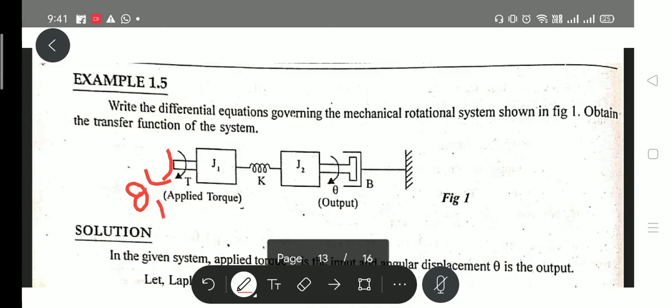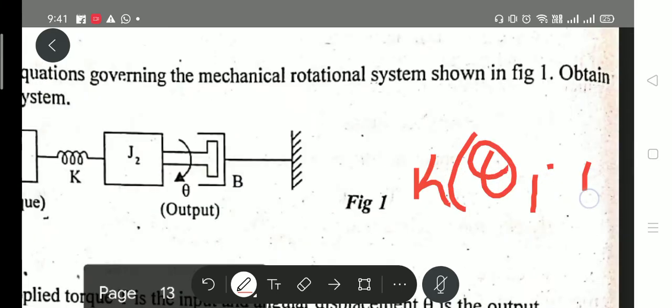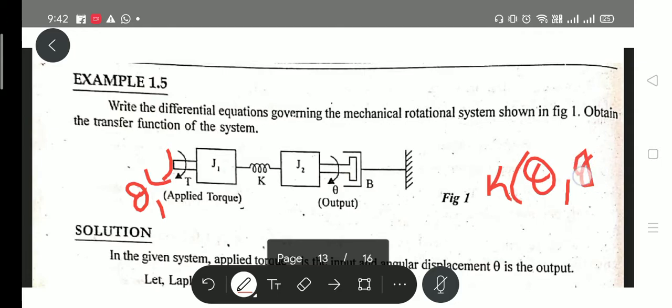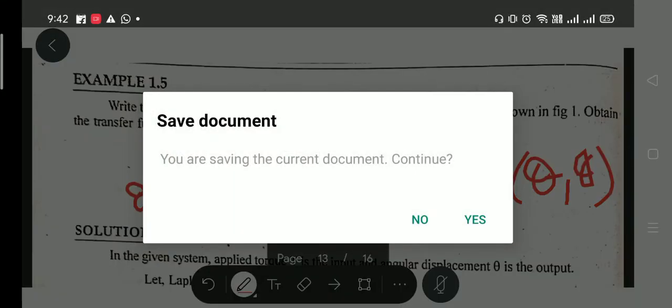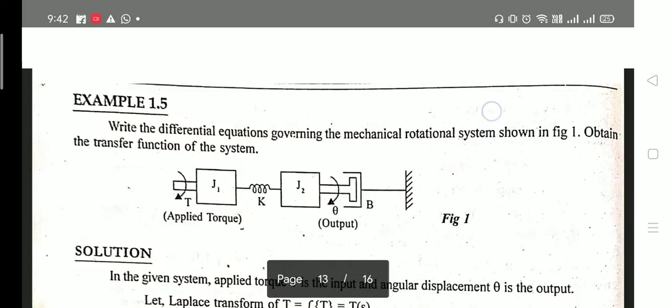You forgot to draw theta 1. So k has both the ends, that is theta 1 and theta. So Tk is k into theta 1 minus theta. Here theta 1 is also there in this problem.